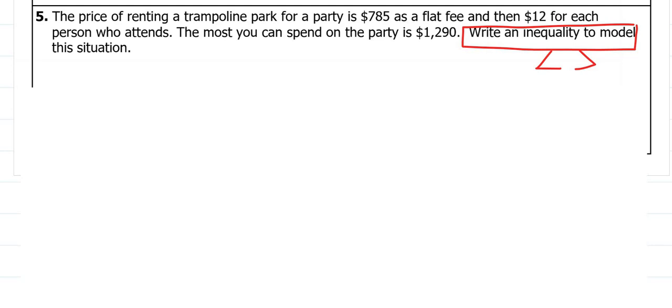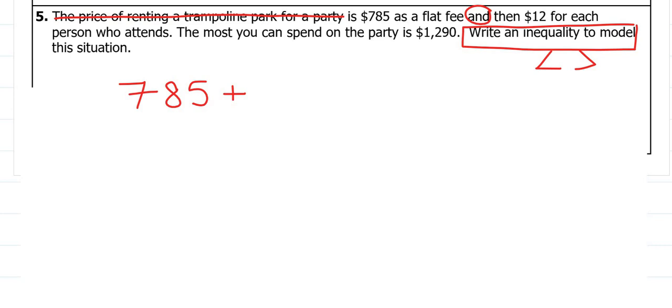All right, let's take a look. The price of renting a trampoline park for a party. That doesn't really help us yet. $785 as a flat fee. So you have to start with $785. So I'm going to write down $785, no matter what. And I'm going to add to that, and then $12 for each person who attends.